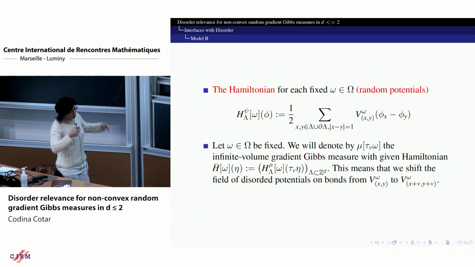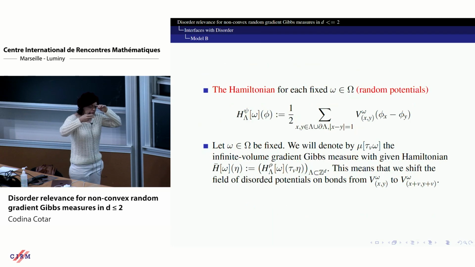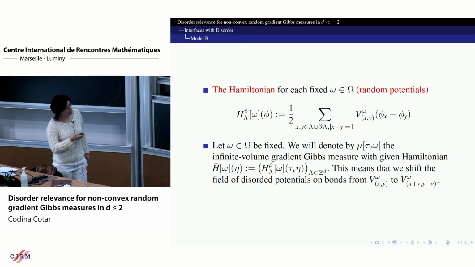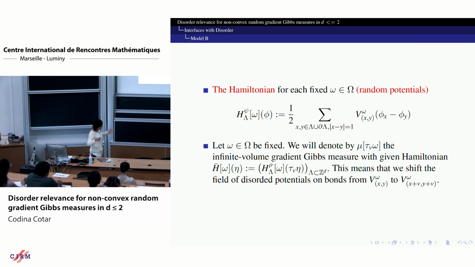Apart from that, again, I define the Hamiltonian, I define the gradient Gibbs measure, and I'm interested in the same kind of questions that we had for the models without disorder. So we care about the existence of infinite volume Gibbs measures and gradient Gibbs measures. We want to know whether there's uniqueness of the measures given some tilts. We want to know the decay of covariances, scaling limits, and hydrodynamic limits.